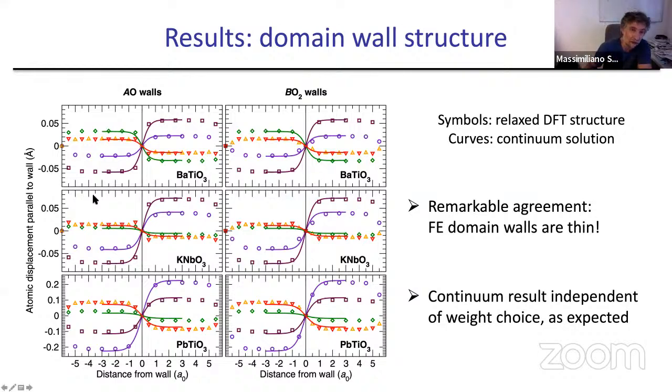Anyway, for all the cases we considered, we have a remarkable agreement between the predictions of the continuum model and the structure that comes out from the DFT calculations. And this is especially remarkable if you consider that the ferroelectric domain walls in these materials are very thin, just 1 unit cell thick, which is usually considered a regime where the continuum model should break down. And yes, we do find that the continuum results are independent of weight choices, as expected.